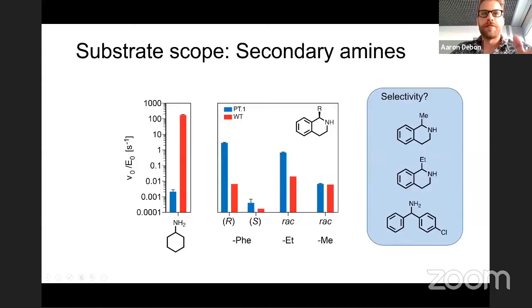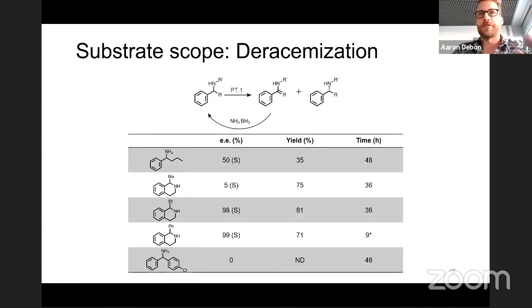And for these, we just carried out this reaction. So if it's selective, we will enrich one enantiomer, and this we can analyze by extracting this product and analyzing it via chiral HPLC. And this will tell us which enantiomer we have.